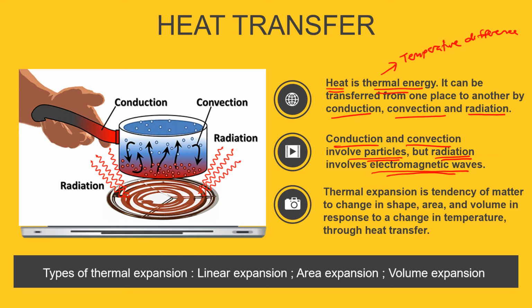Thermal expansion is the tendency of matter to change in shape, area and volume in response to a change in temperature through heat transfer. Thermal energy is the heat. When thermal energy can be transferred to another object, it is called heat transfer. Thermal expansion is the tendency of matter or an object to change its shape, area and volume due to the change in temperature through heat transfer.